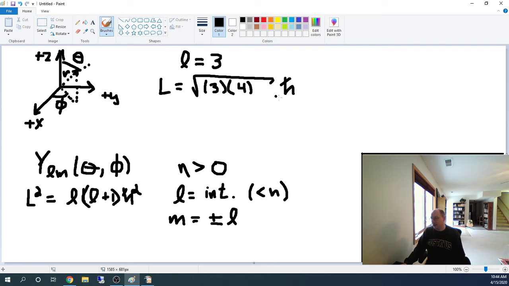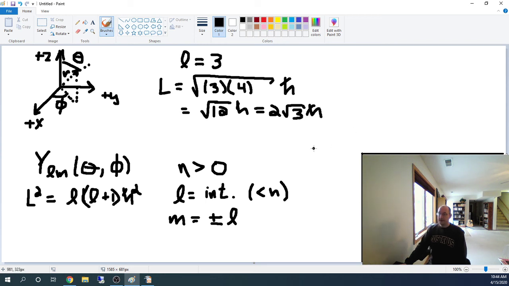Notice angular momentum has units of h bar, just like Bohr was talking about way back in the day. So L, the angular momentum, is the square root of 12 h bar, or 2 square root of 3 times h bar. That's what L can be.